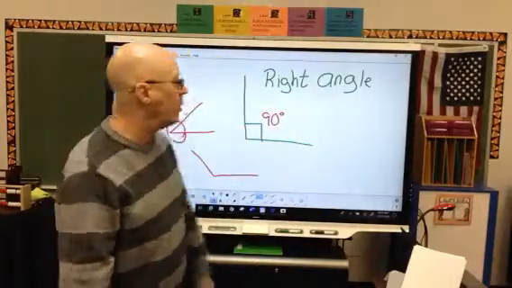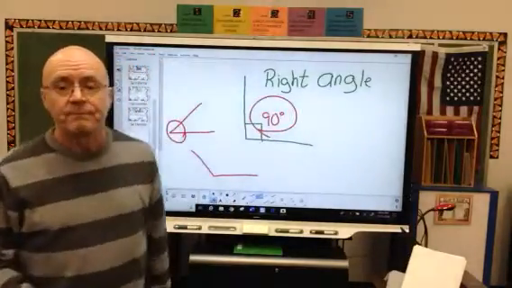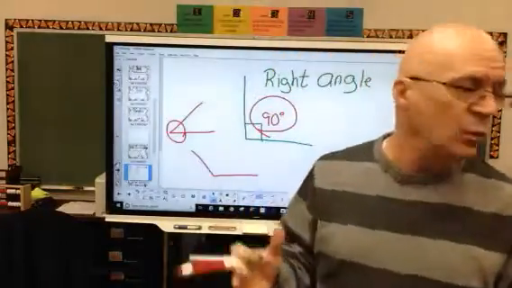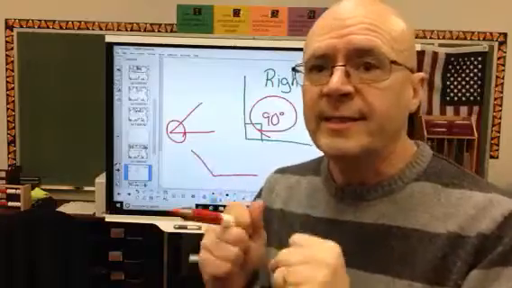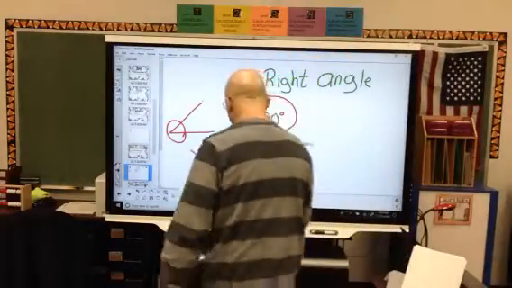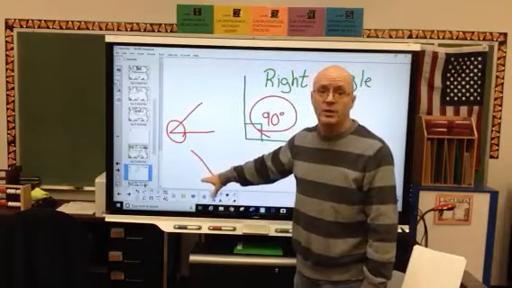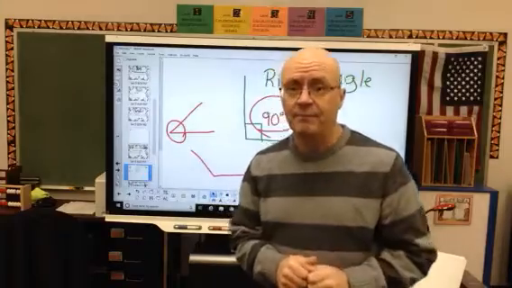That is a right angle. It measures at 90 degrees. Okay? Now, some of this you will not need for a while. But I want you to write these down because it's very important that you understand it. We are going to talk about what kind of angles these are tomorrow. They're not right angles, but they do have a name.